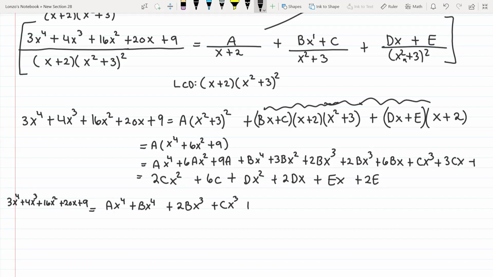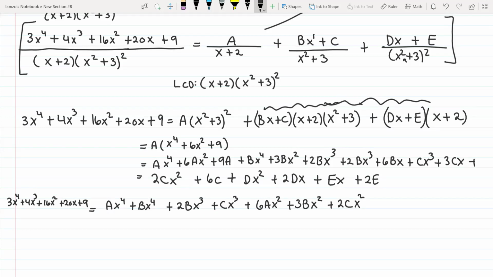The next one is 6ax squared plus 3bx squared plus 2cx squared.